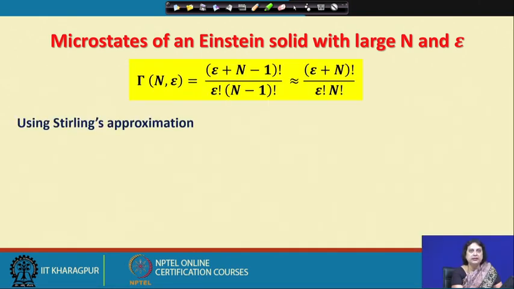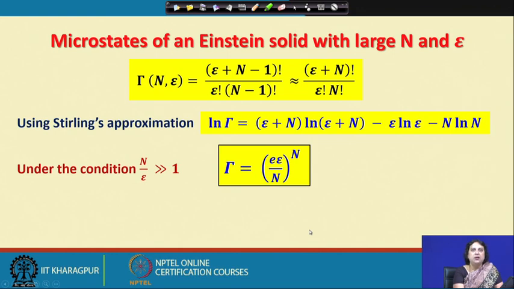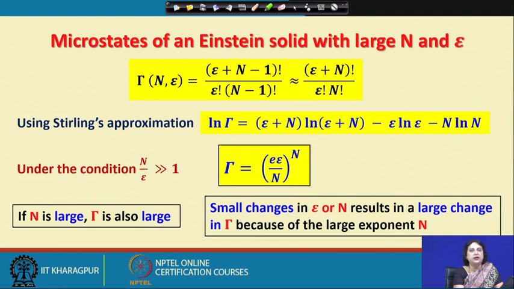We have already seen how to calculate the number of microstates of an Einstein solid when n by epsilon is much greater than 1, and we find that for each value of epsilon, gamma is also very large for a given large number of simple harmonic oscillators.